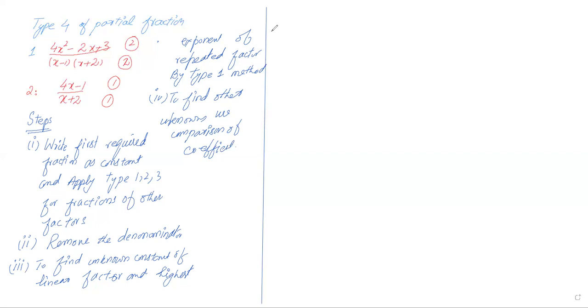The question is: split into partial fractions. In an examination or the Cambridge University paper, the type will not be mentioned there. You have to analyze the type by yourself, and then you will apply the method by your knowledge. Split into partial fractions.